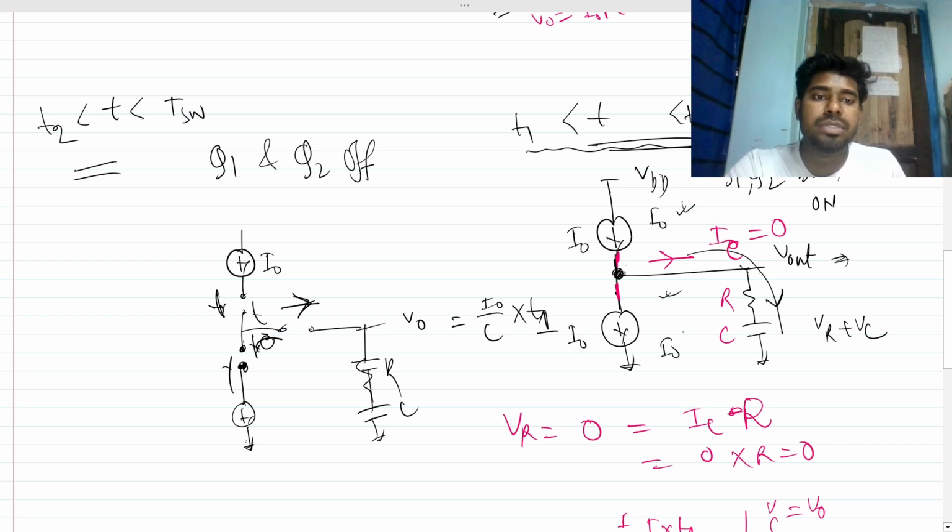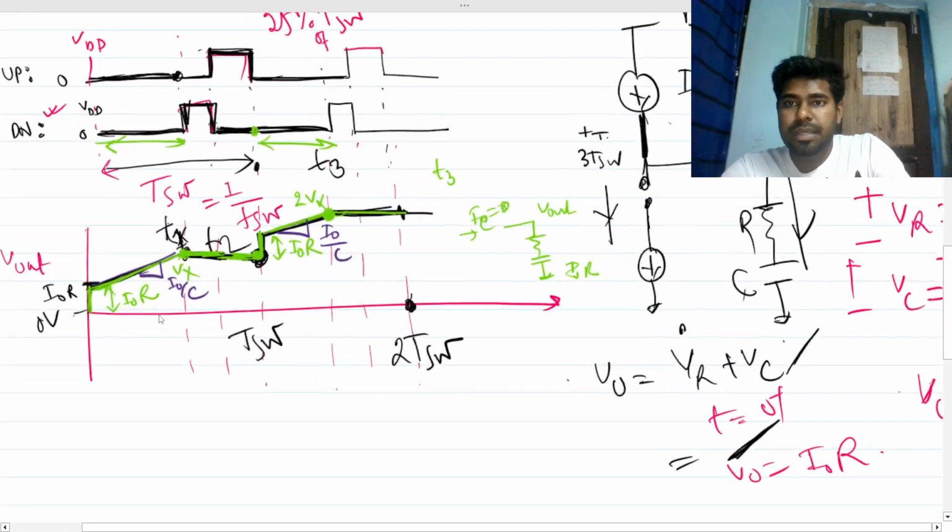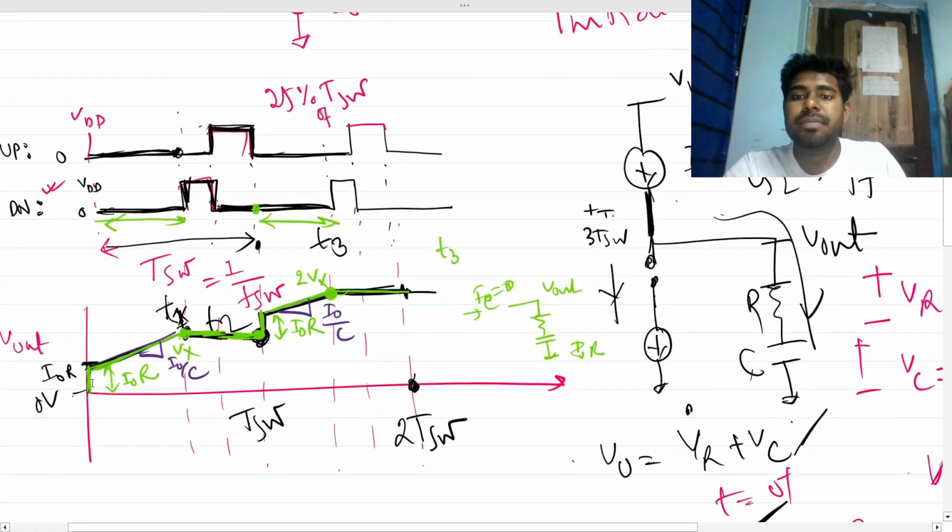Now when both switches are closed, no current can go through, so your VR will be dropping, right? So your VR becomes 0. So at the instant when both of the switches turn on, your V out becomes VC only. So I think I have told it correctly, but the drawing is not correct. The analysis will be the same, but the waveform will be slightly changed.